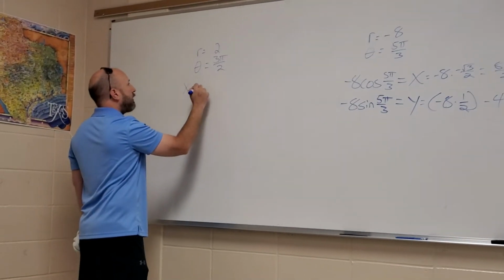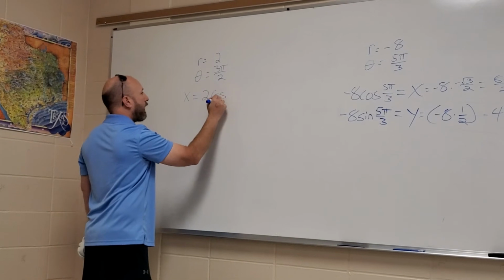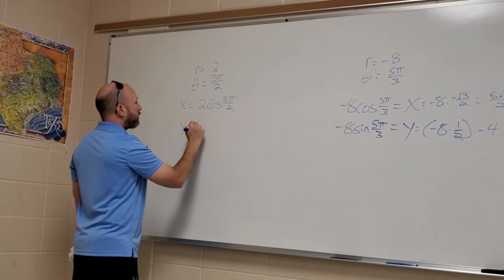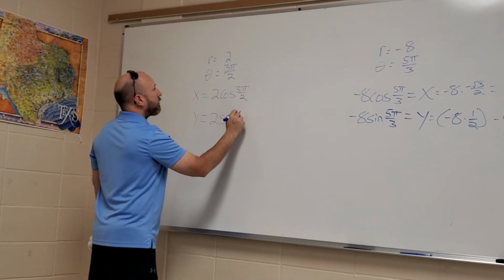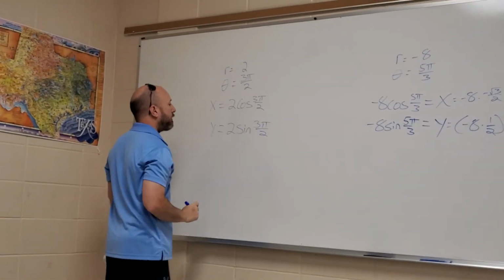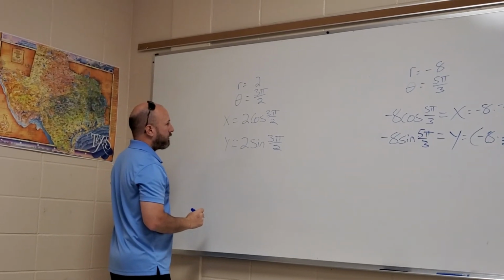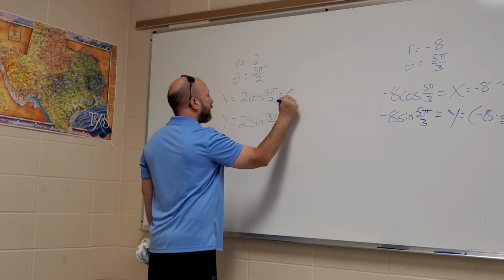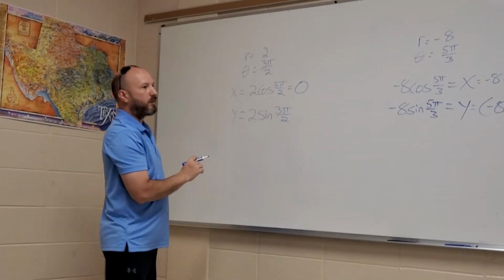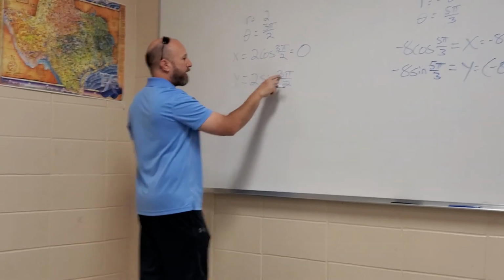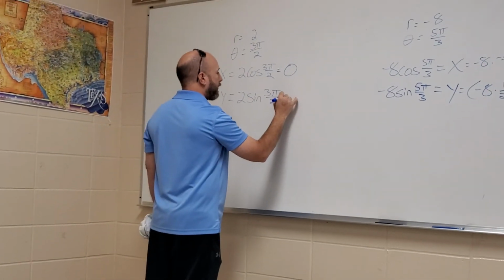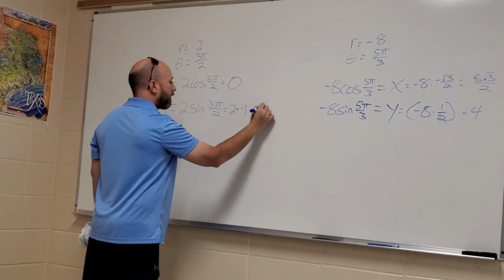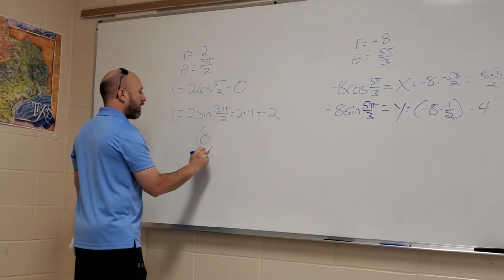So x is 2 cosine 3 pi over 2, and y is 2 sine 3 pi over 2. Okay, so the cosine of 3 pi over 2 is 0, and the sine of 3 pi over 2 is -1, so you get 2 times -1, which is -2. So then your point is (0, -2).